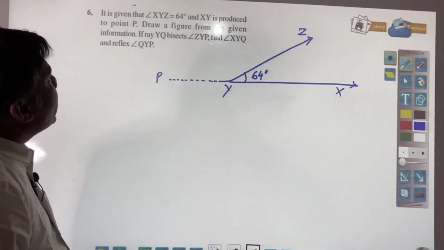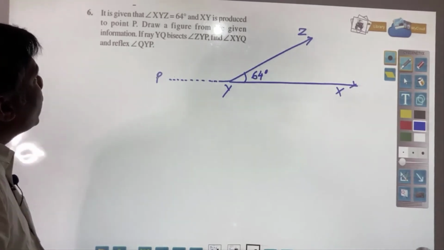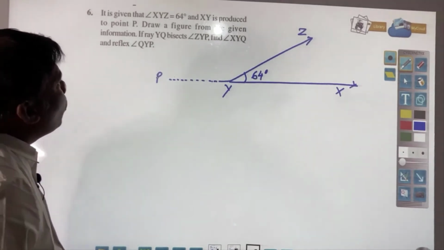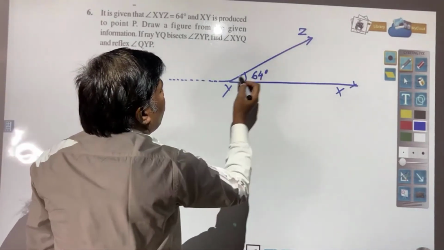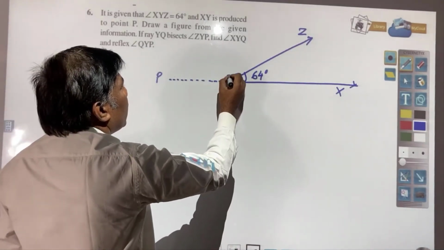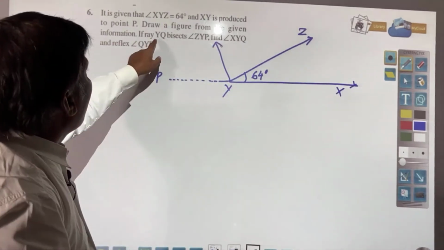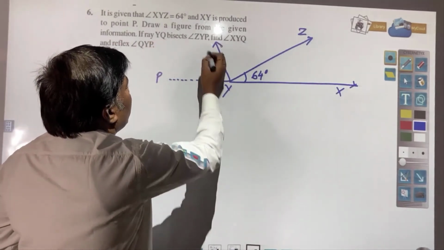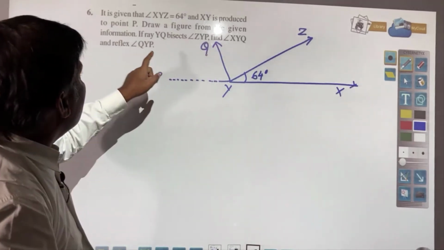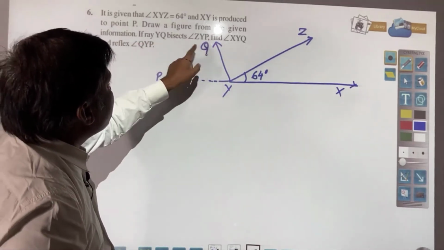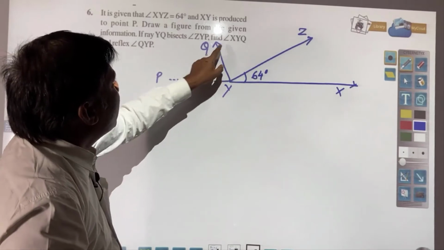If ray YQ bisects angle ZYP, find XYQ and the reflex of angle QYP. Here this arm YQ is bisecting.